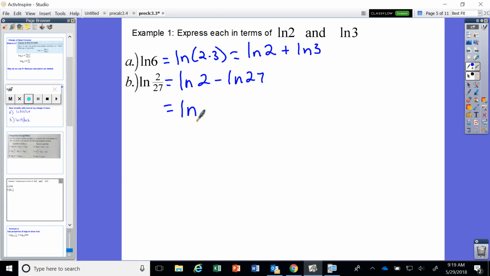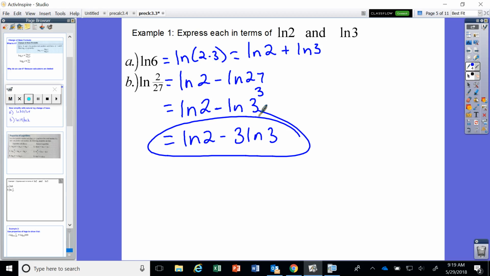In fact, it is true that the natural log of 2 minus the natural log of 3 to the third is the same thing, since 3 cubed is 27. Now we're getting somewhere. Well, we also found out that when we have an exponent in there, it's the same thing as bringing it on the outside and multiplying. Now we are in terms of the natural log of 2 and the natural log of 3.